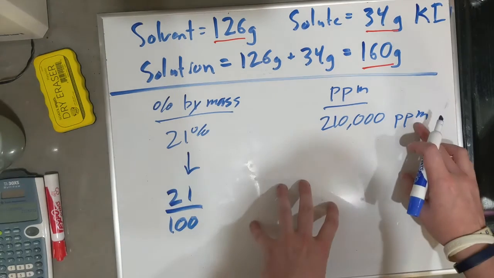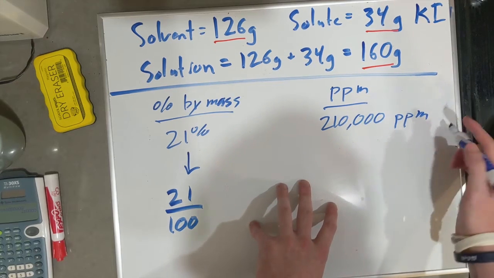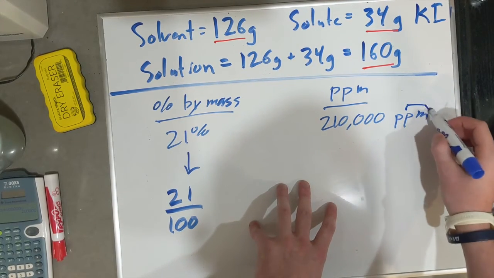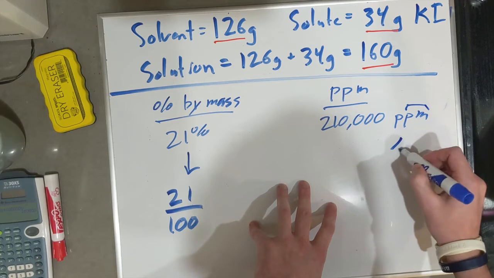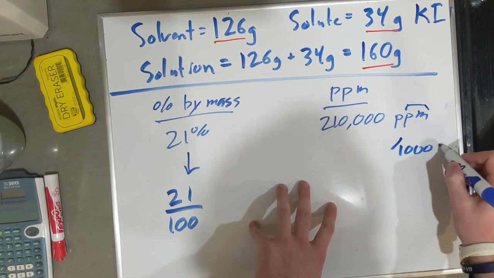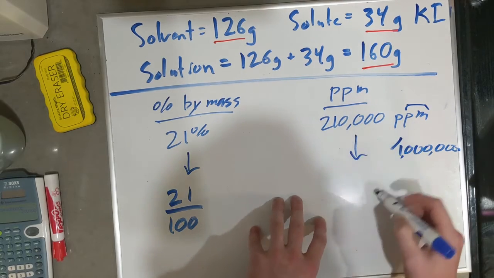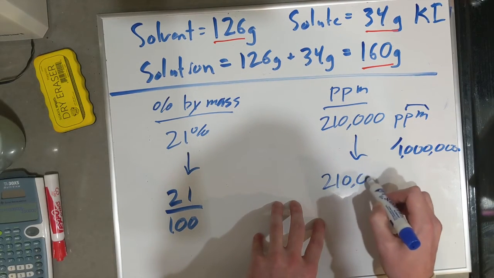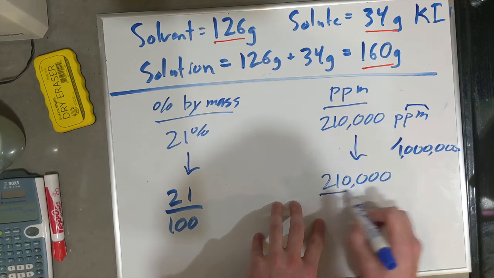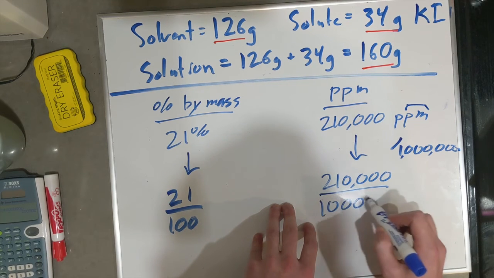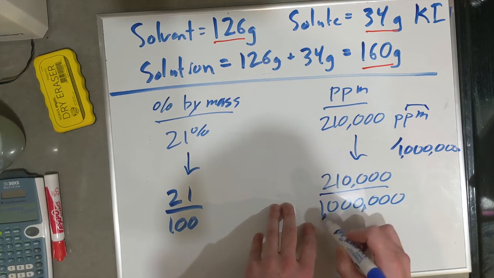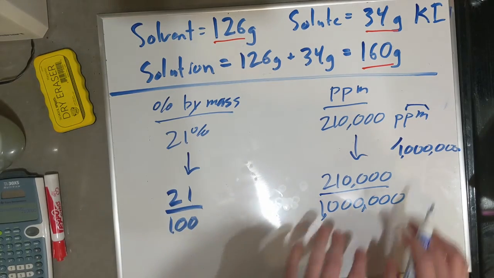So what does parts per million mean? Well, let's focus on this back bit here, per million. Out of a million. So let's do the same thing and rewrite this out of a million. Okay, so let's simplify this.